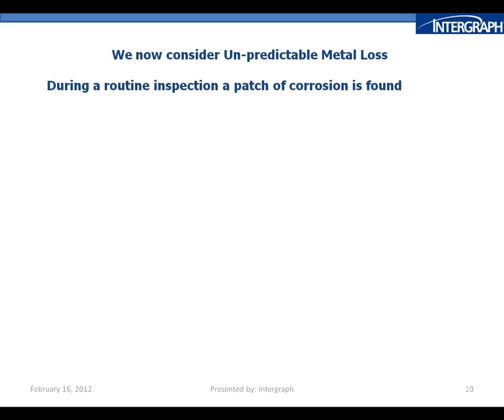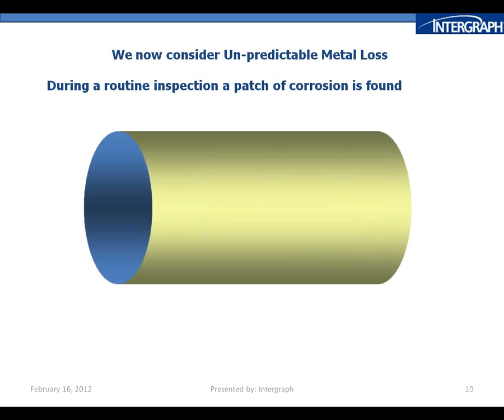Now, during a routine inspection, perhaps a patch of corrosion is found. This might be internal or external, but more likely with internal corrosion. The external part of the vessel is not usually exposed to the corrosion products inside the vessel, so we may see a patch. There we are, there's a patch. This is actually inside the vessel.